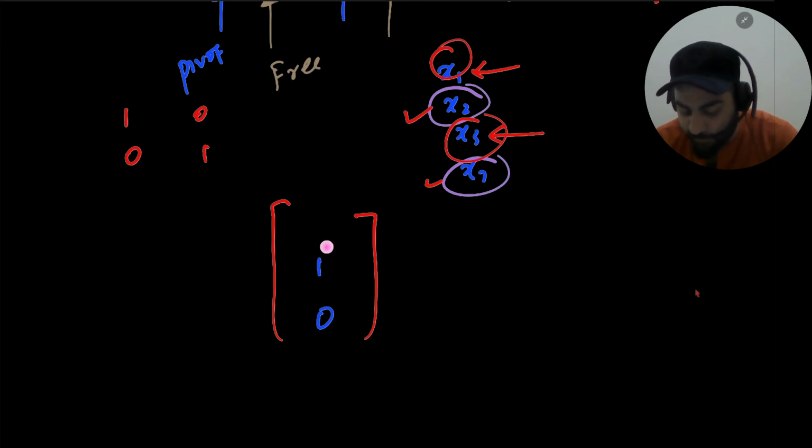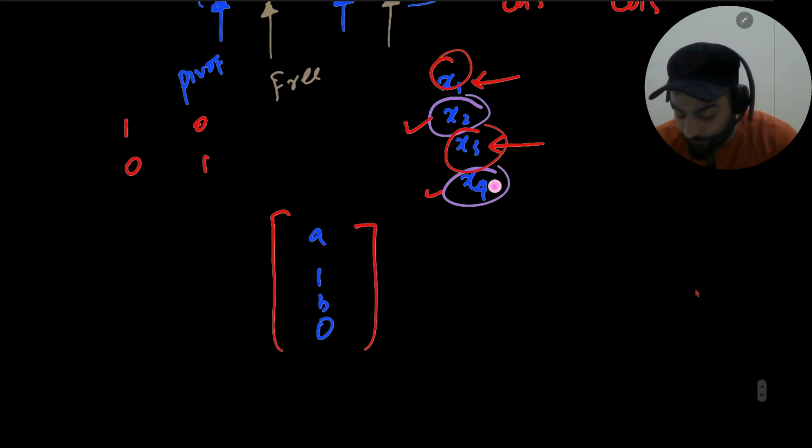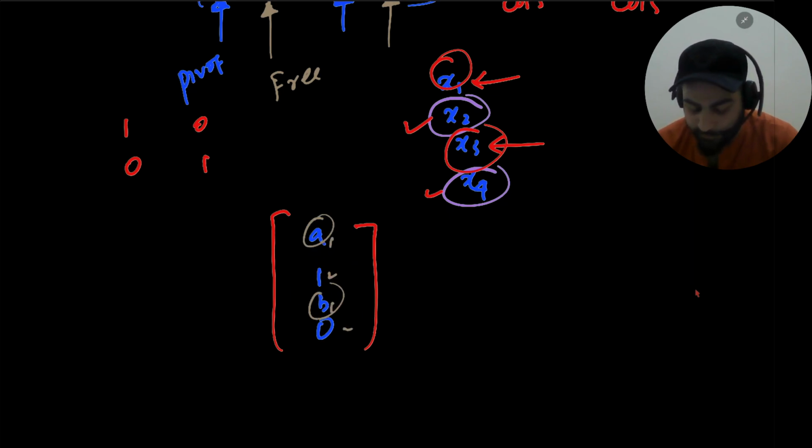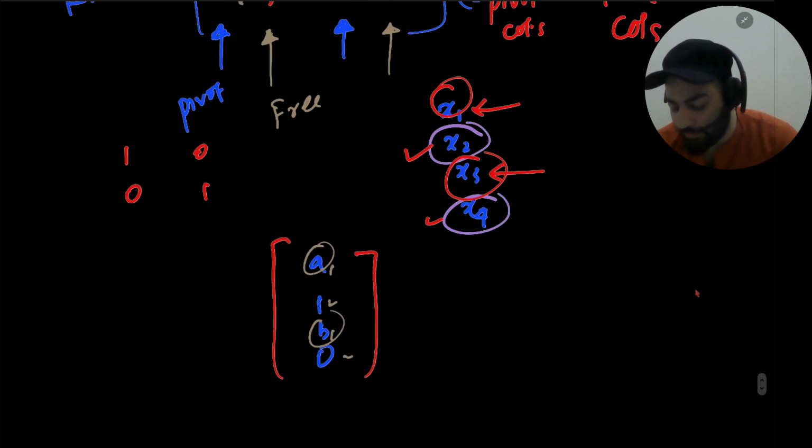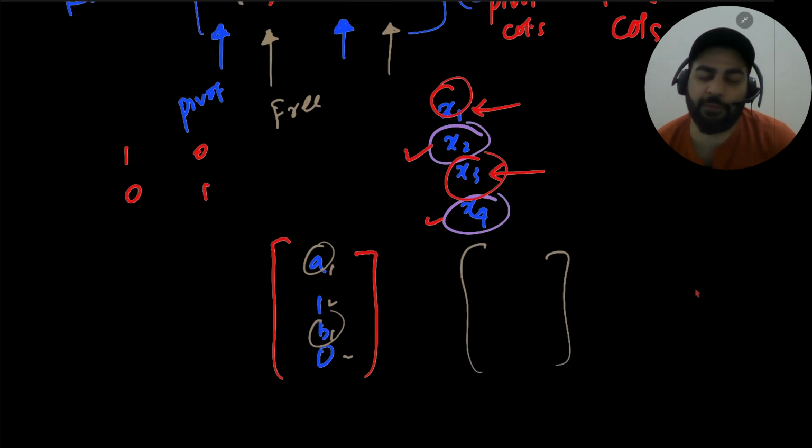Then let's suppose these values came out to be a and b. Because we are solving the equations, we put the values of x3 and x4 back in the equations, because these are free variables. For the free variables, we assign 1, 0 in the first iteration, and we got a1, b1. As we have only two free columns here, in the next iteration let's give them 0, 1.